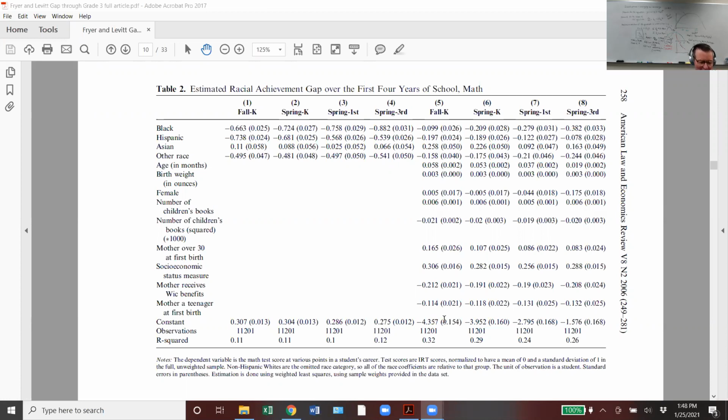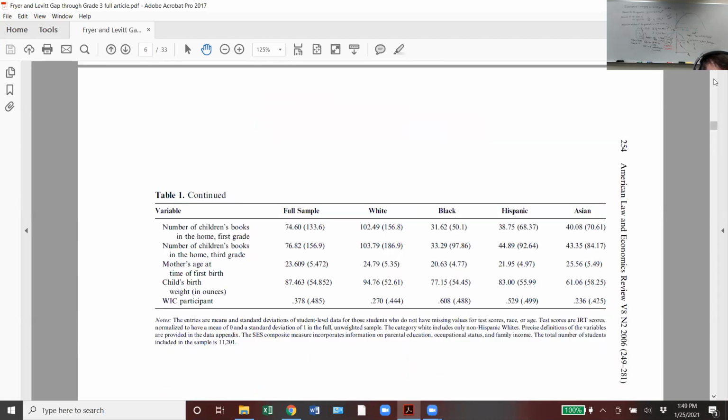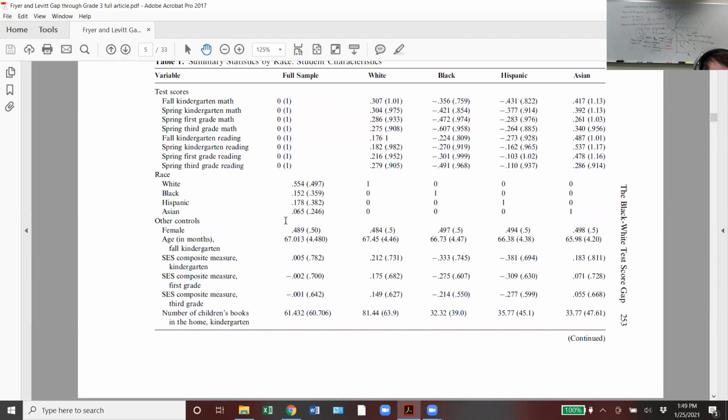Right, but I was taught TOR, test of reasonableness. Always apply a test of reasonableness when you think about something. So this minus 4.37, if you go up to the table of means and standard deviations, we're talking about fall kindergarten math scores, and they've been standardized for the full sample.